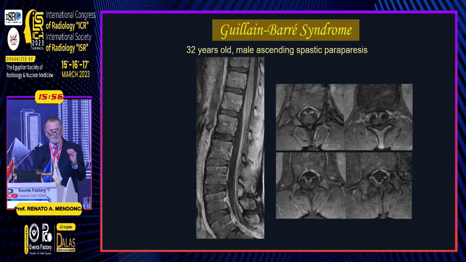So there is some specificity when we have Guillain-Barré, although the diagnosis is made very easily clinically, by the ascending paraparesis and the finding of the CSF with dissociation of proteins and cells. The findings in MRI are very similar.